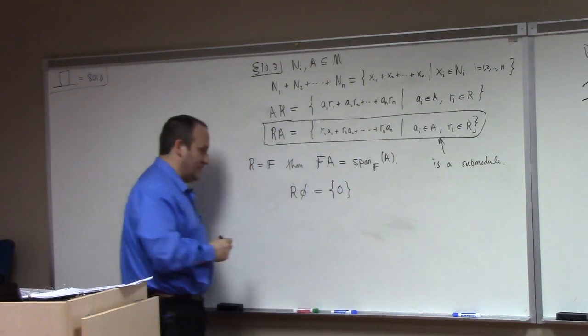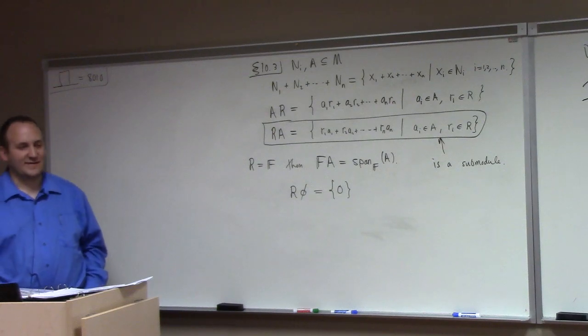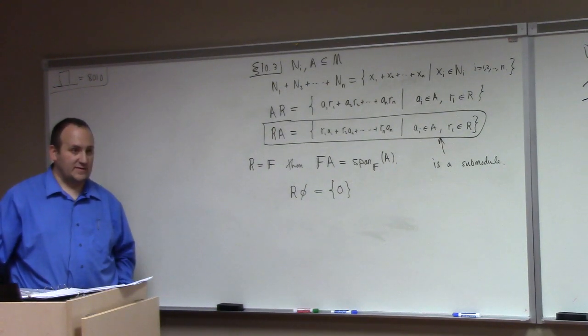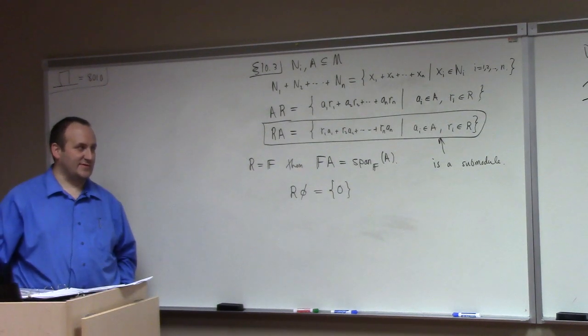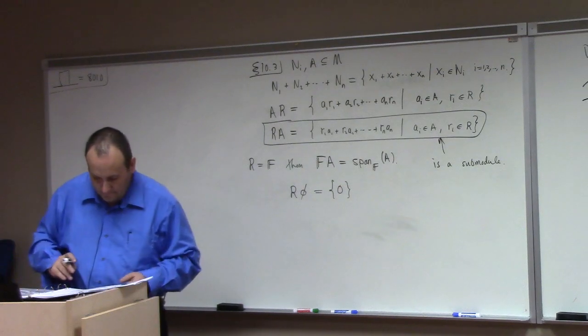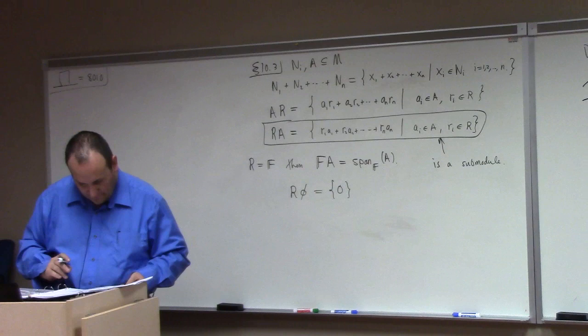But the something is 0. The contenders here are the empty set or 0. We'd like to put 0 there so that we can say that the span of any set is a submodule. If I didn't put 0 there, then I'd have to rule out the span of a non-empty set. It just makes things work together better if we do that. So is that a construction? That's a definition. Okay.